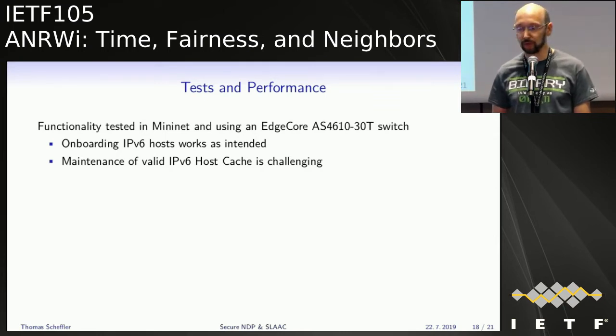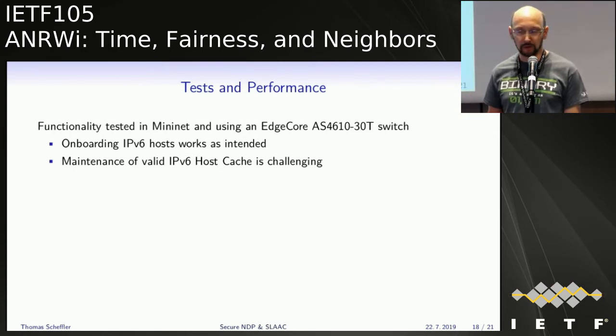The main challenge really is in maintaining this host cache, because we can't guarantee that we see all the packets going on in the network. The challenging bit is if you have some host shutting down or going to sleep and not answering our probe packets when we're trying to figure out if this host is still active on the network.